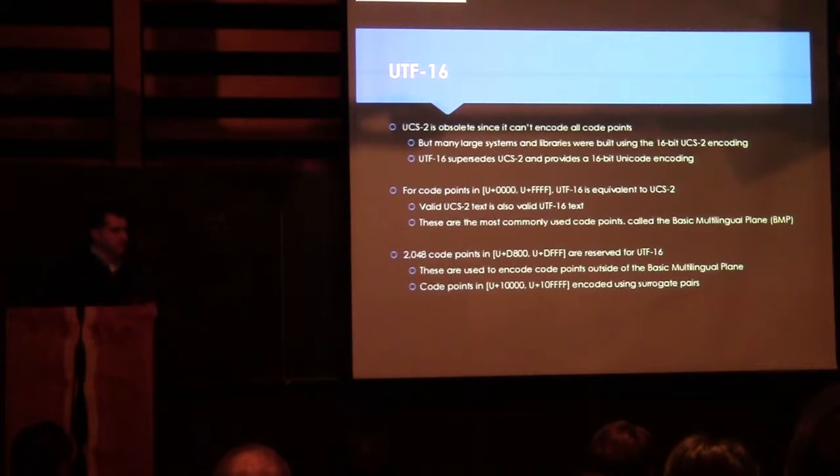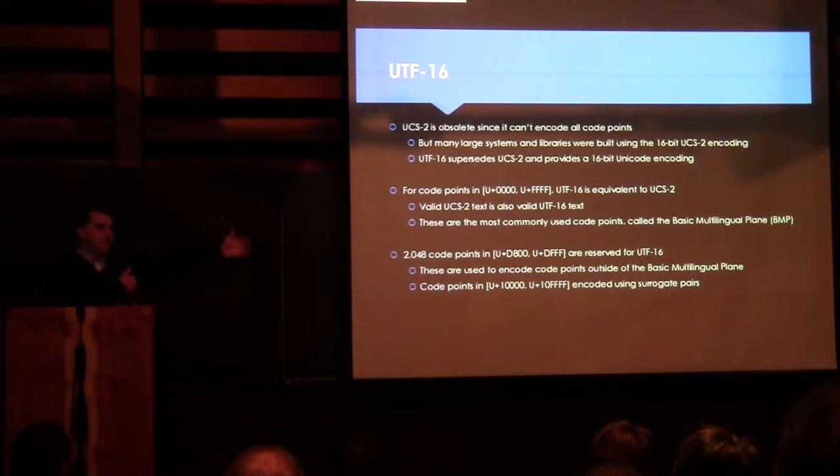Most of the code points used in European languages, almost all of the code points used in Asian languages are in this first chunk, and so it's called the basic multilingual plane. As we saw in the chart showing the code point usage in UCS2, there was a whole block toward the end that was not assigned yet.